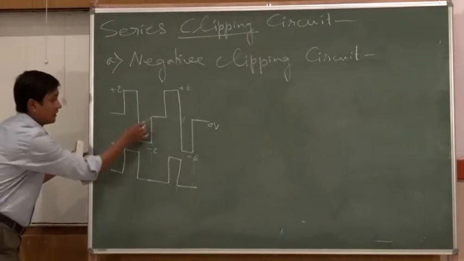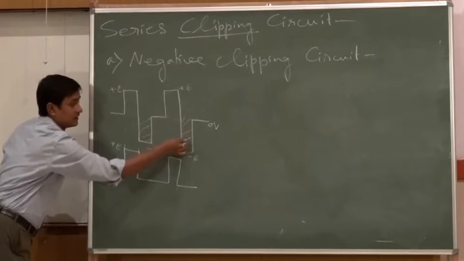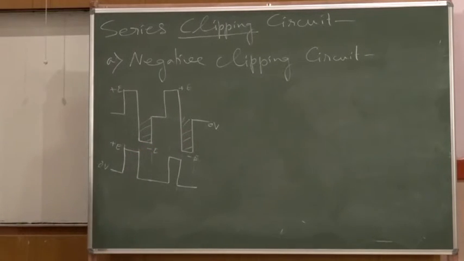The negative part is clipped off. This is my desire. So, I want to implement one circuitry for that, which a diode can easily do.